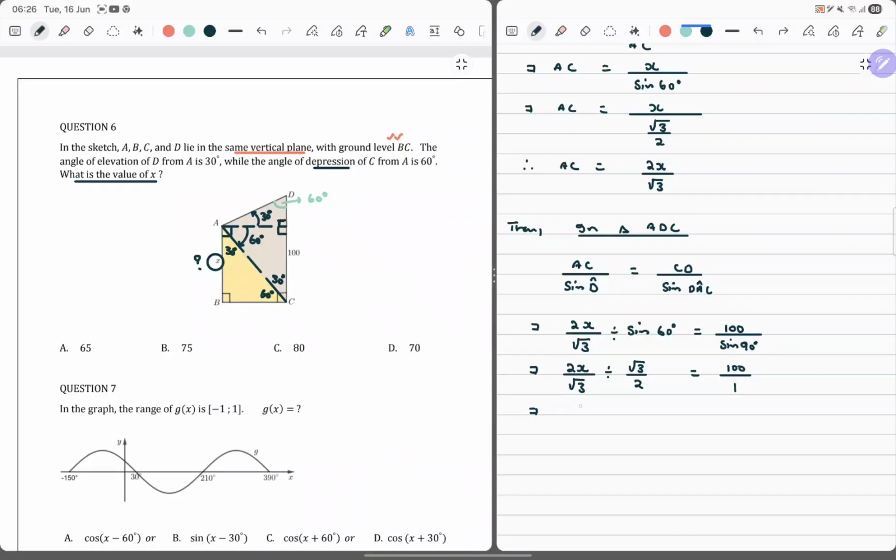Root 3 times root 3, that's 3. This is going to be 100 over 1. We cross multiply, we get 4x is equal to 300. Nice. So we know that our x is going to be 300 divided by 4. Nice and easy. Now folks, just be humble. Don't rush anything. You can just say, well, 300 divided by 4.